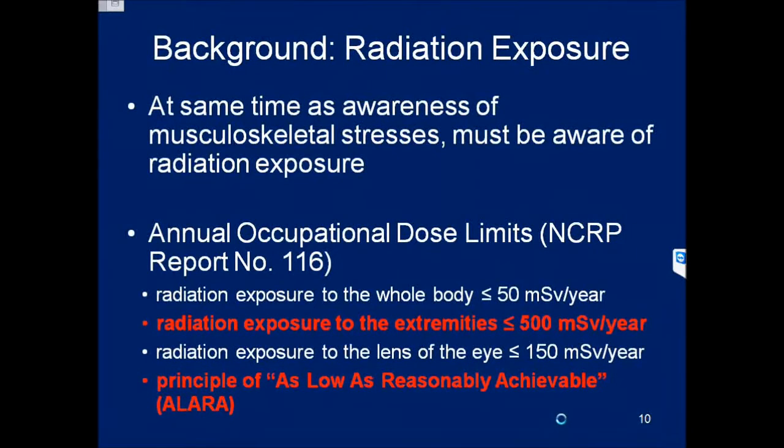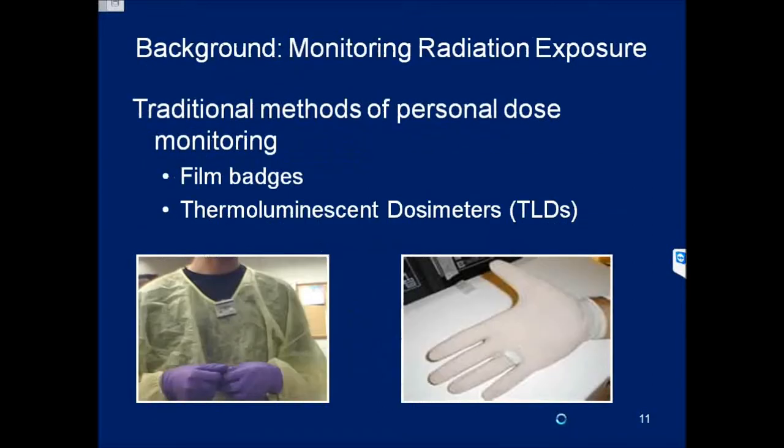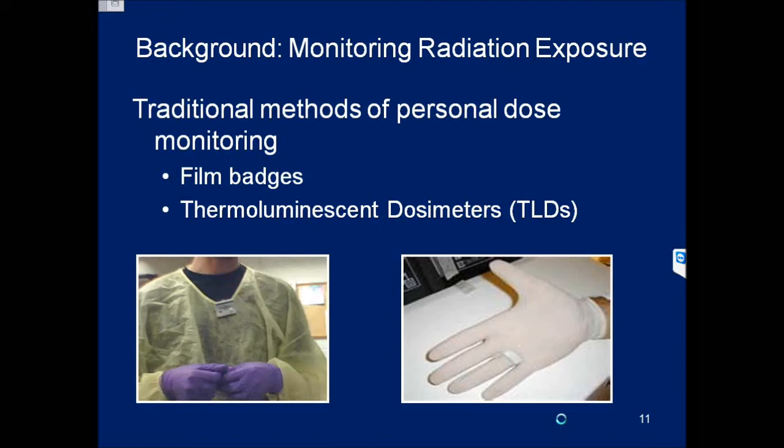You cannot tell the pattern of exposure. And usually these are worn down at the base of the finger. Well, the fingertip is going to get quite a bit more, up to 7 to 10 times it's been found in the research. So wearing it at the base of the finger, you may not be getting the true exposure.